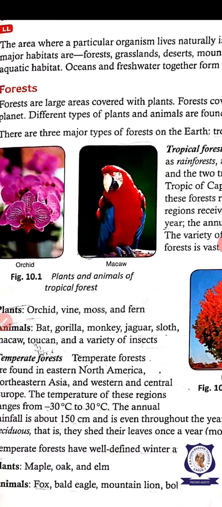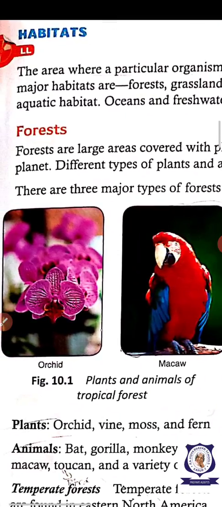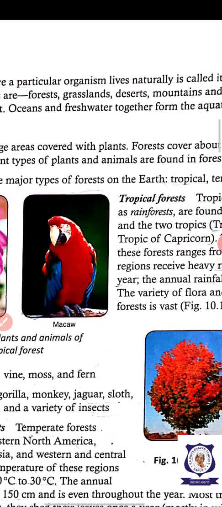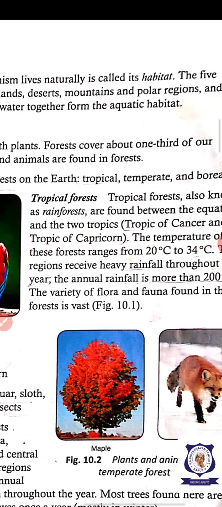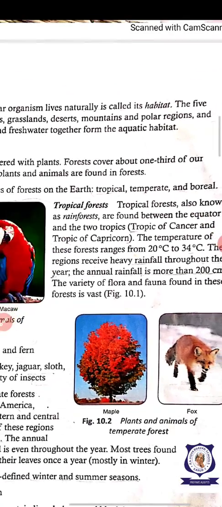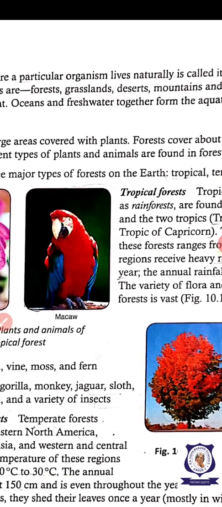You would have a separate notebook for biology, isn't it? In that, write today's date and write the points. Write the heading first, and then the first point is habitat. What is habitat? The area where a particular organism lives naturally is called habitat. Second point, the habitat is of 5 types.